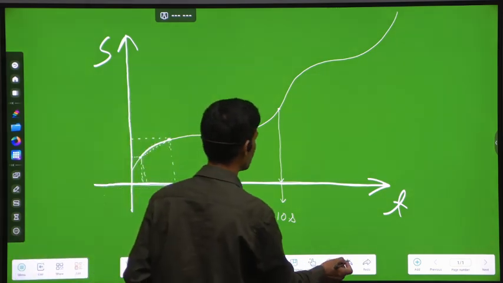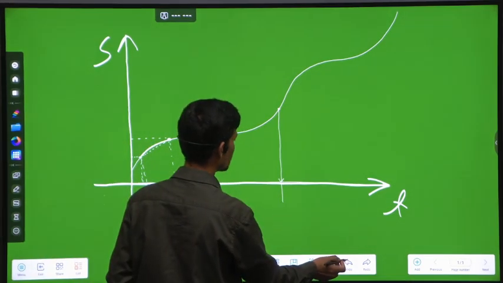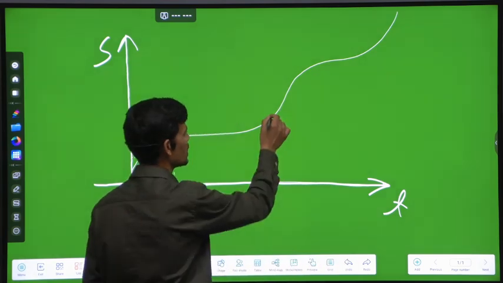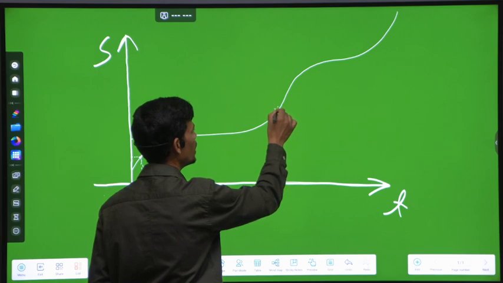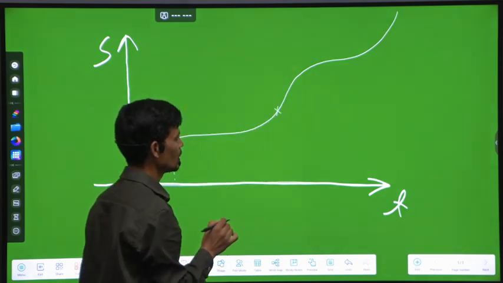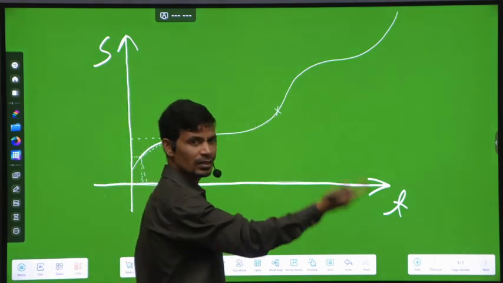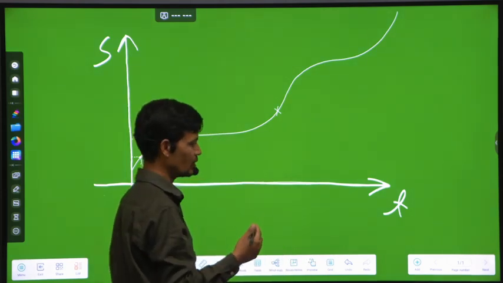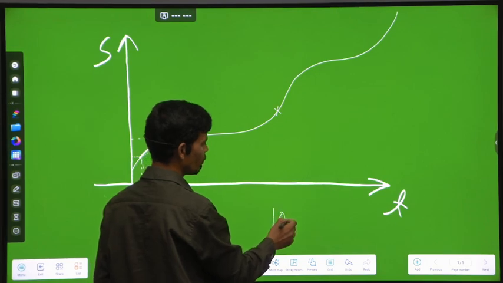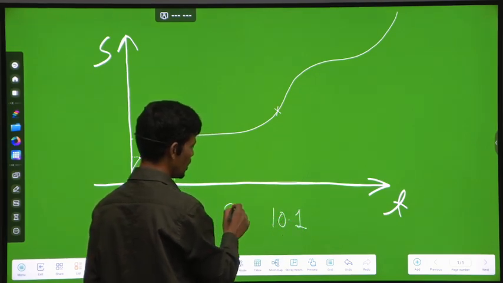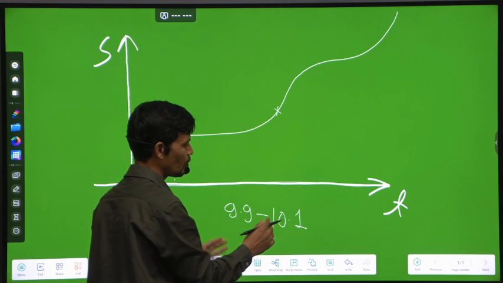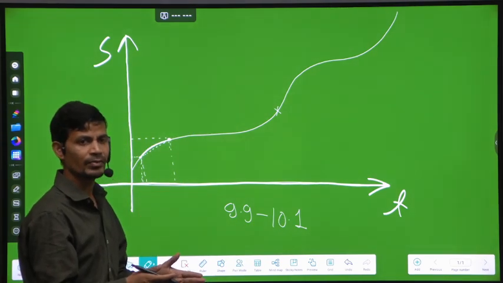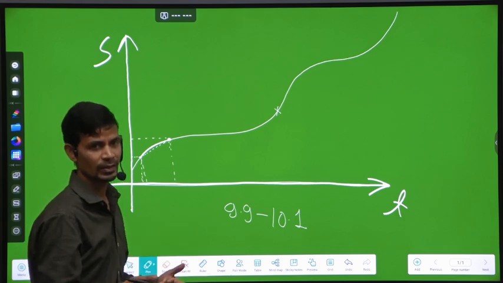What I have to do, I have to take a smaller region. Exactly at 10 second, I can't do anything. I have to go a little bit forward, a little bit backward. Maybe I have to go for 9.9 to 10.1, and in between those time interval, whatever be the displacement.